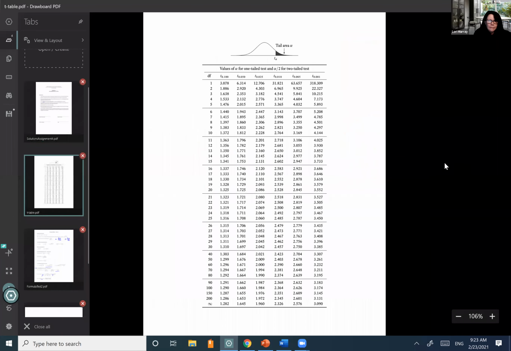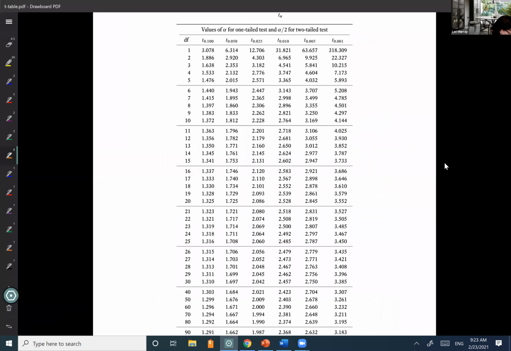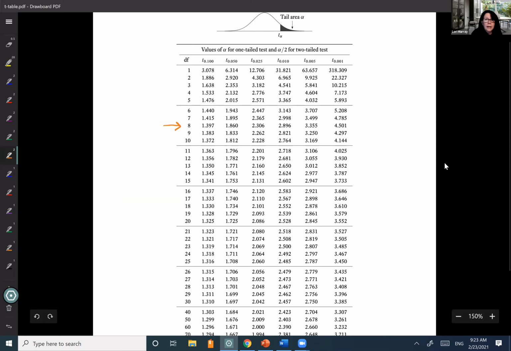Okay, so we have 8 degrees of freedom, right? Because there were 9 clients, so it has to be 8. We look at that row and we want to use 0.05. It's two-sided, so we want 0.025 in each of the tails for the two-sided confidence interval, right?